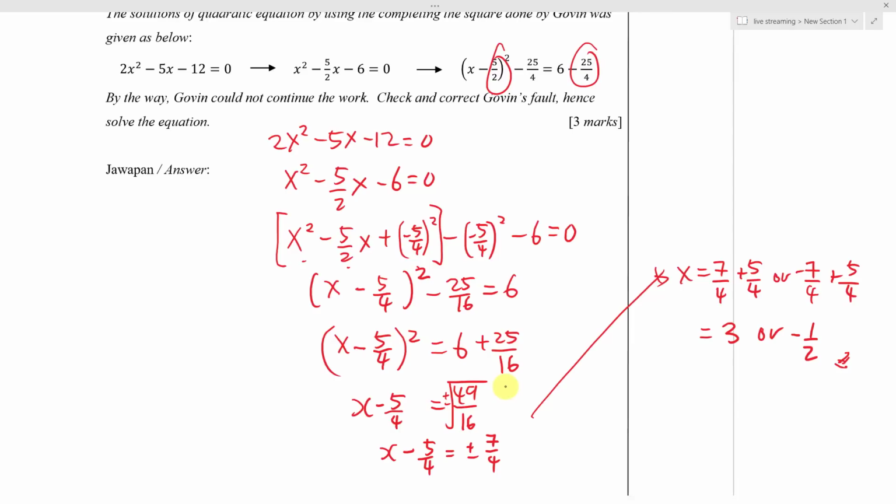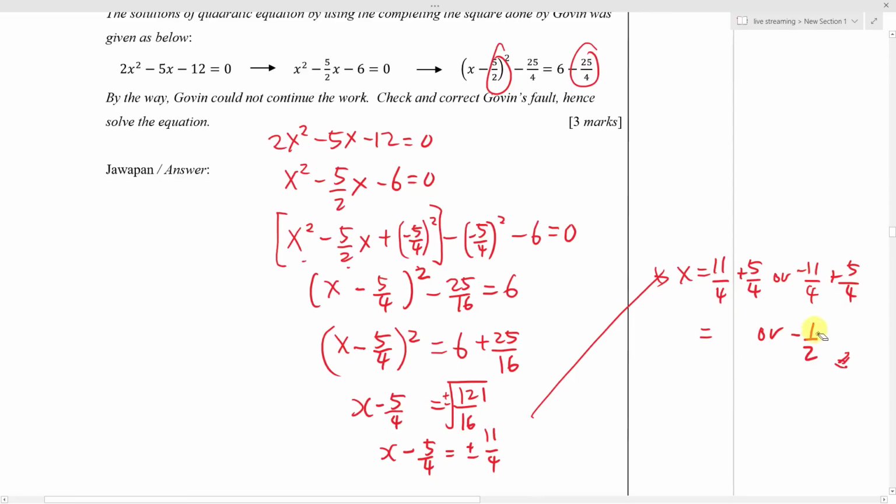Because 6 plus 25 over 16 is 121 over 16. Yeah, because just now, when I changed the question, I didn't check carefully. So this is 121 over 16. Then this is 11 over 4. Then this is 11 over 4, and this is negative 11 over 4.